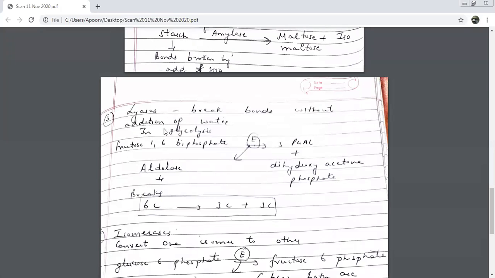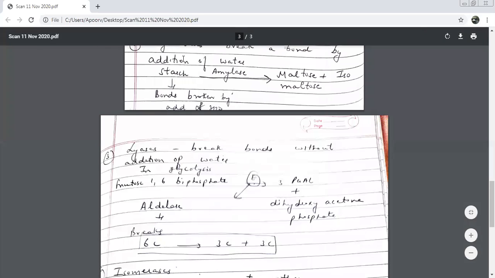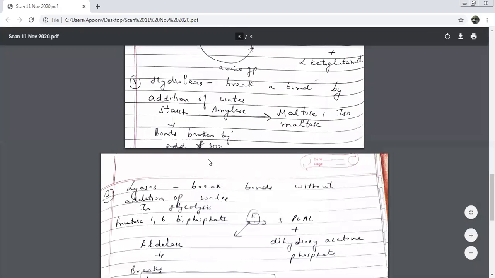Next, beta, lyases. They also break the bonds, but without the addition of water. So there is a difference between hydrolases and lyases. Hydrolases will break bonds, lyases will also break bonds. But lysis means breaking down, and hydro means water.